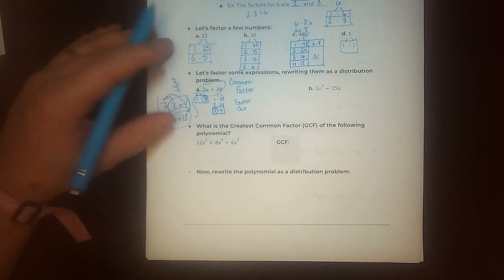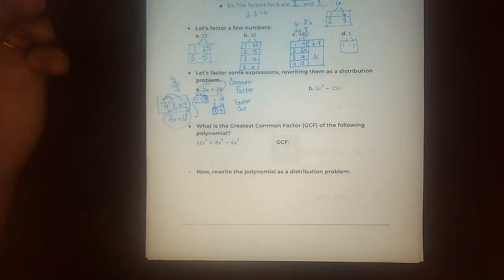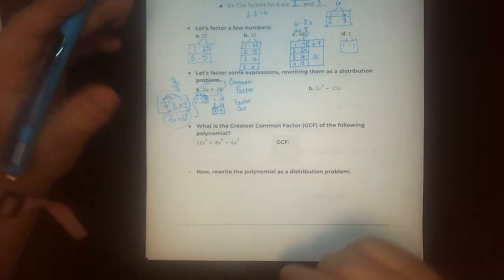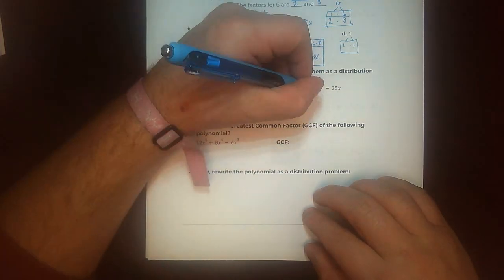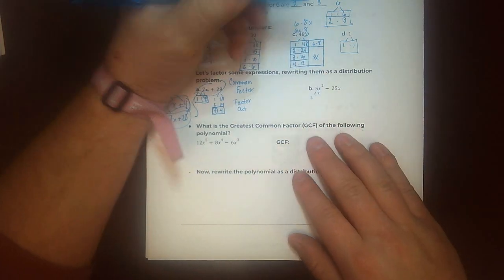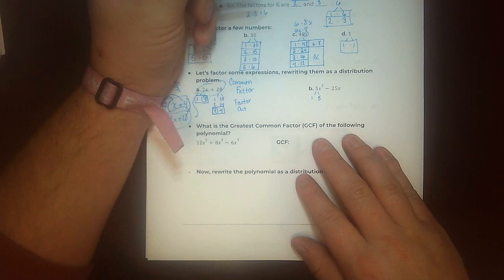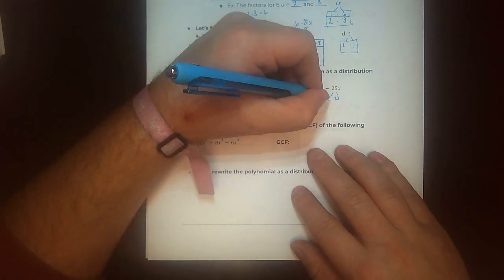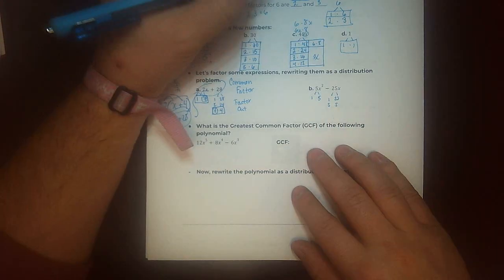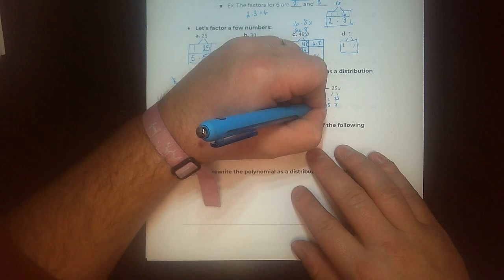All right, so we want to find a common factor. A common factor between 5 and 25. Well, what are the factors of 5? The factors of 5 are only 1 and 5. And now the factors of 25 are 1 and 25, but also 5 and 5. So there's our common factor. 5 is our common factor.